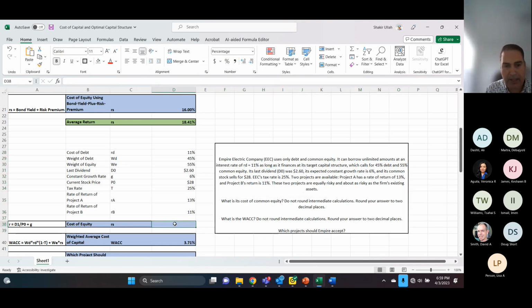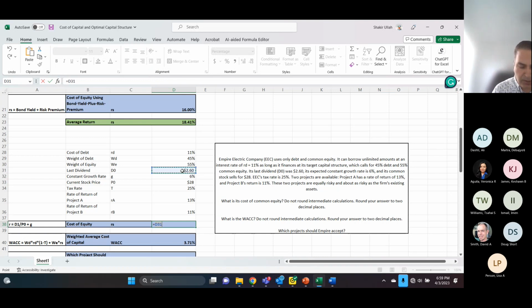So here we go. RS would be equal to, we use this formula, which is the dividend discount model formula, D1 divided by P0 plus g. D1 is not given to us, but D0 is given to us. We can calculate D1 from that. D1 is equal to D0 multiplied by bracket start 1 plus the growth rate.